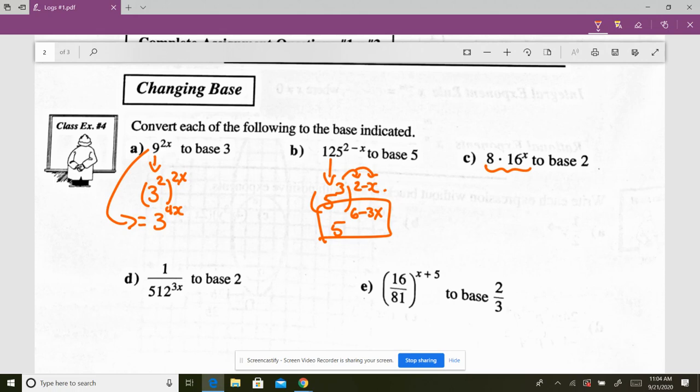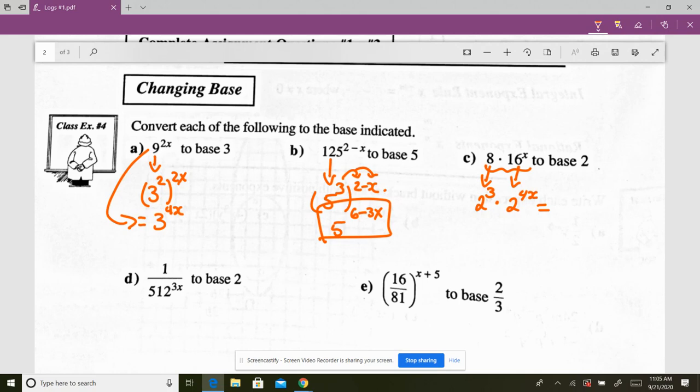Because it's got a variable as exponent, you can't multiply 8 and 16. So let's change 8 to base 2. 2 to what power is 8? 3. 16 to base 2. 2 to what power is 16? 4. And remember that the 16 has an x there.